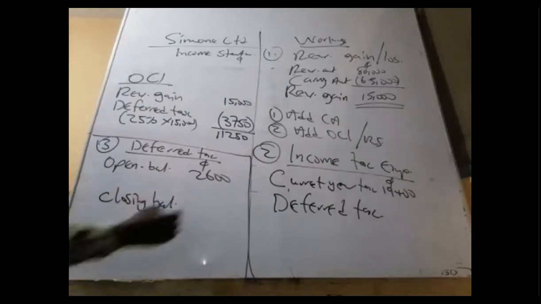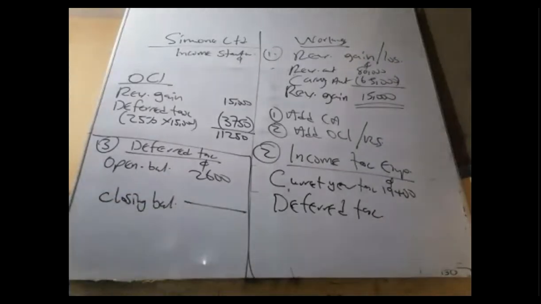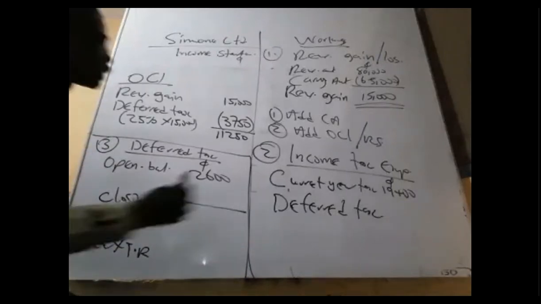Go and do your workings. The closing balance is the temporary difference times the tax rate, the tax rate enacted or subsequently enacted by the government. Please, kindly make sure that the temporary difference excludes the revaluation gain.